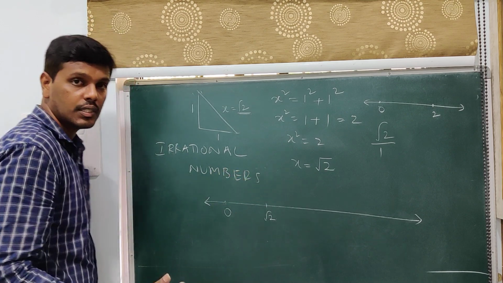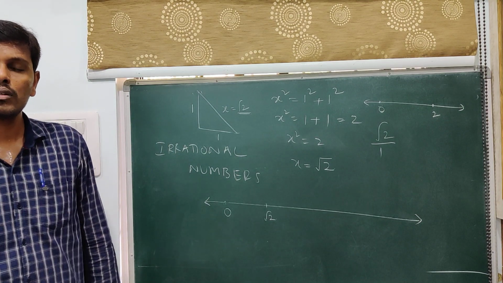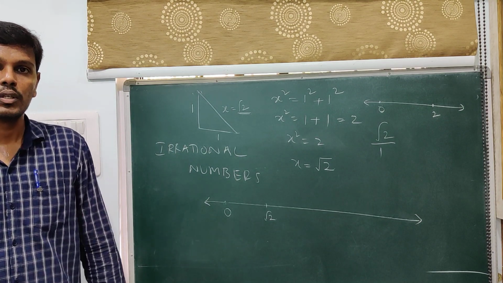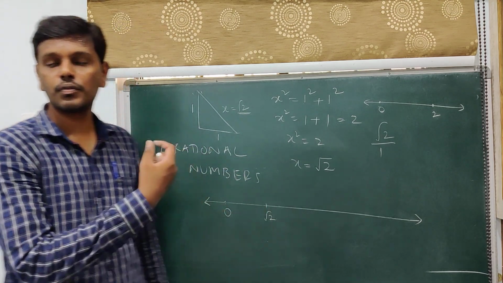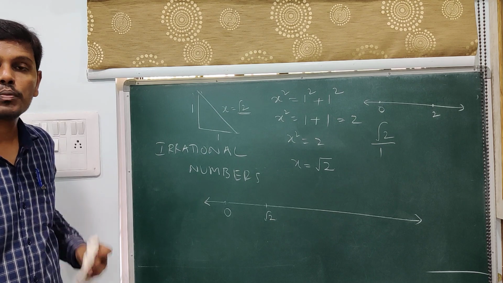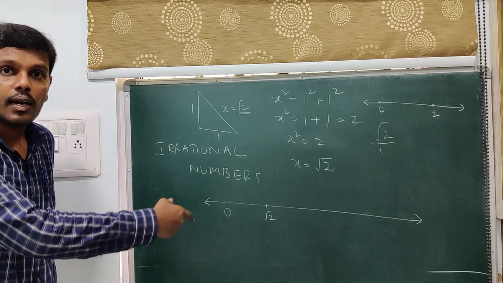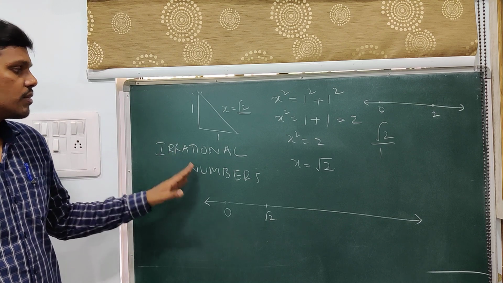That is, we have seen numbers other than rational numbers to which each point on a straight line can be assigned. Such numbers, which are not rational numbers, we call irrational numbers.